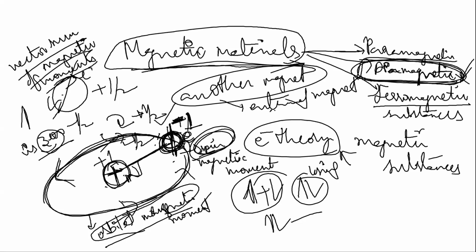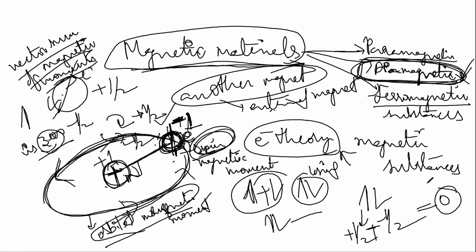Okay, now this property is found when there are an even number of electrons, right? As I told you, now I have 2 electrons. One has spin plus half, the other electron has spin minus half. So the vector sum of both the magnetic moments will always be equal to 0.